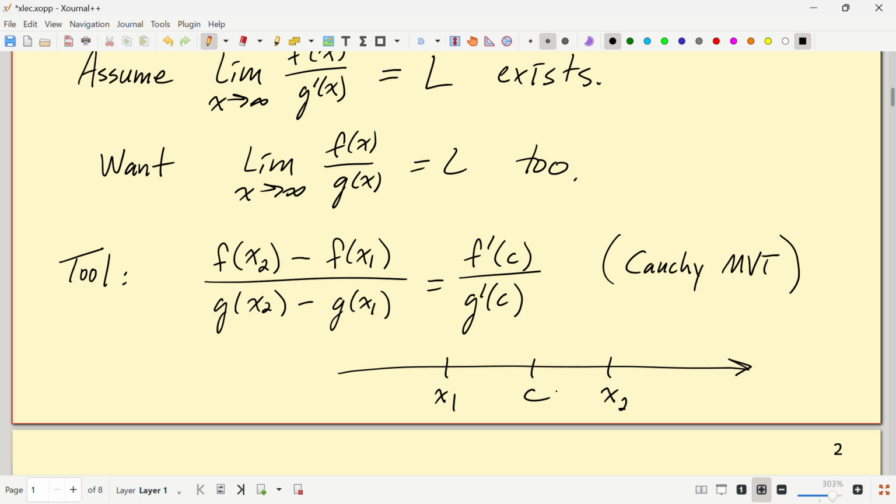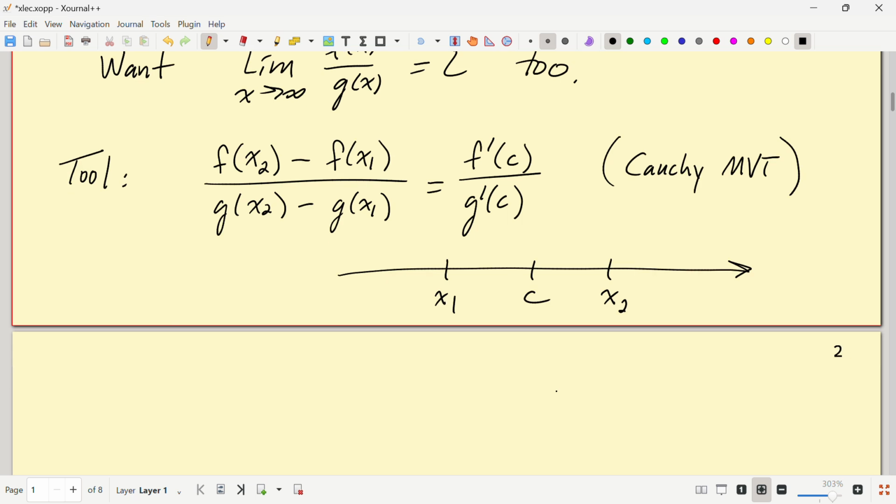Okay, and I know that f prime of c over g prime of c tends to L. So here's what I'm going to do. Here's the big idea. It's going to be very simple to do once you realize what you're going to do.